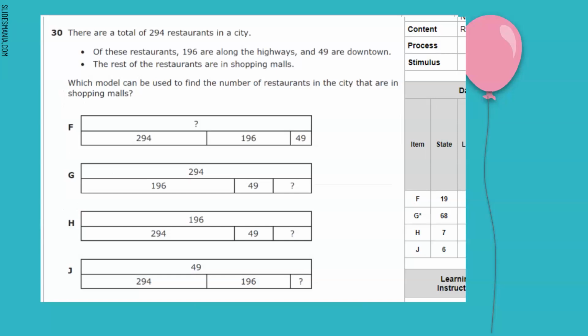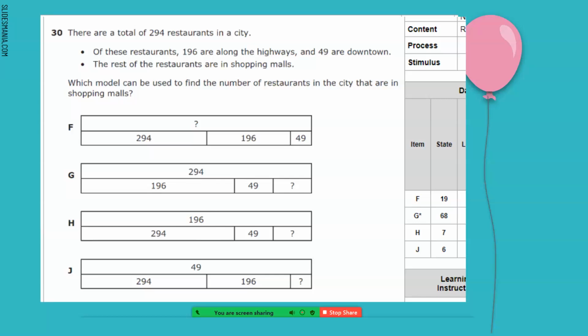Remember, we just talked about how the total should go all the way across. It should be the whole. And if I look at these, only one of them has 294 in the total, in the whole. So right away I'm thinking these are probably not the right answers before I even read the rest of the question.